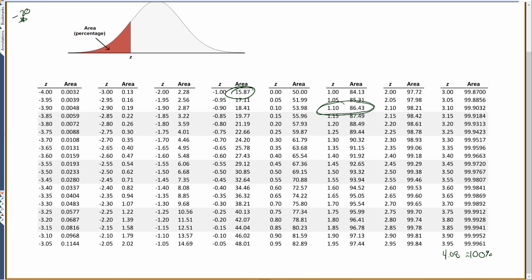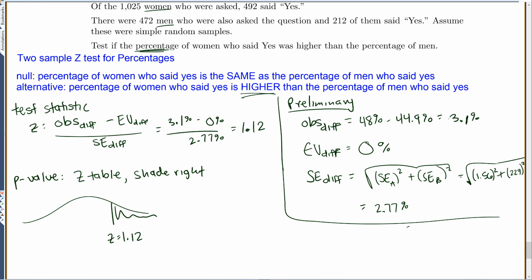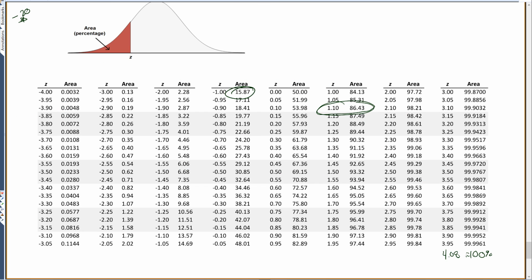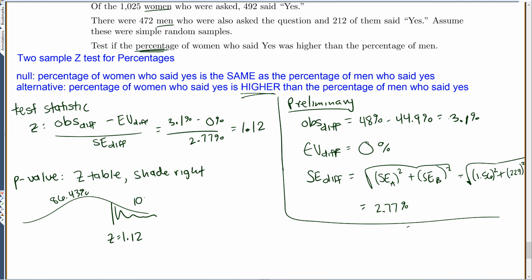Oh, but wait, that's the area to the left. So if this is 86.43%, then this has to be 100% minus 86.43%. So 100 minus 86.43 gives me 13.57%.